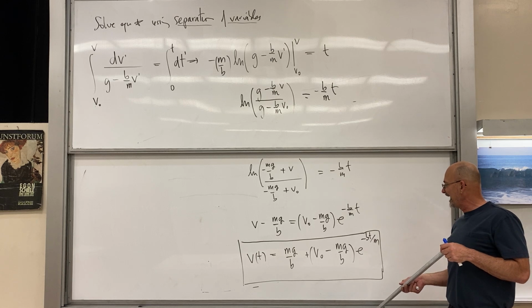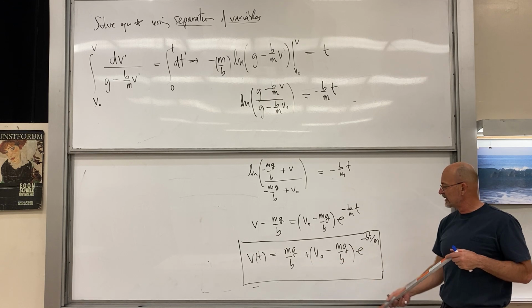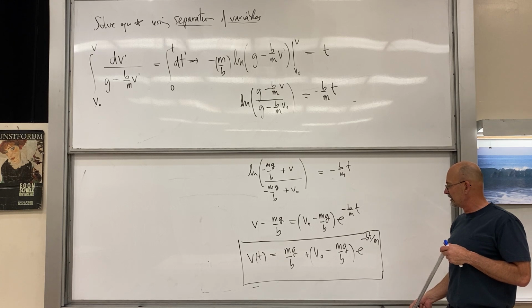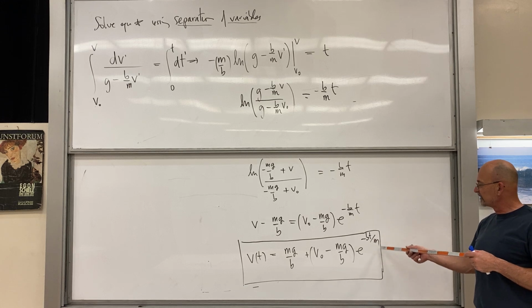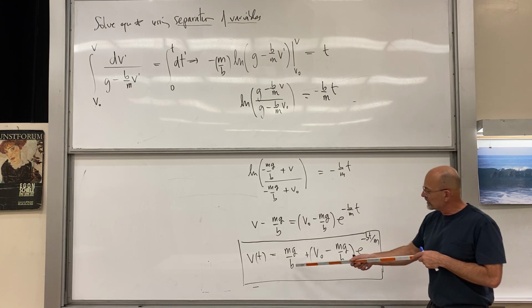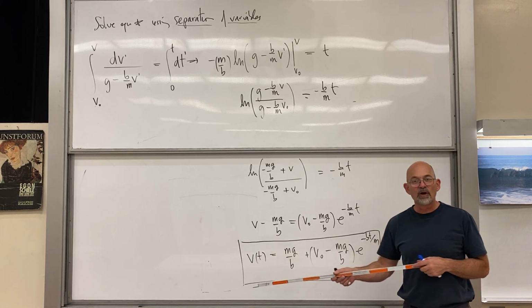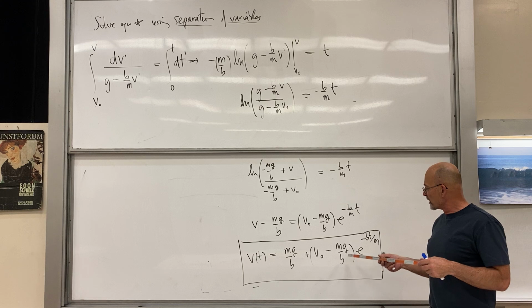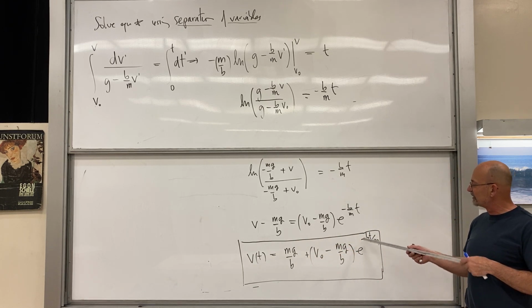But one thing you can't do is just put b equals 0 into here and get some result. And yet we know that when b is equal to 0, we're supposed to just get your basic free fall without friction.